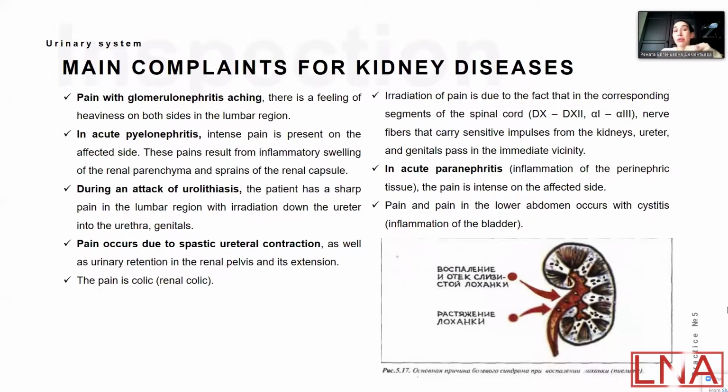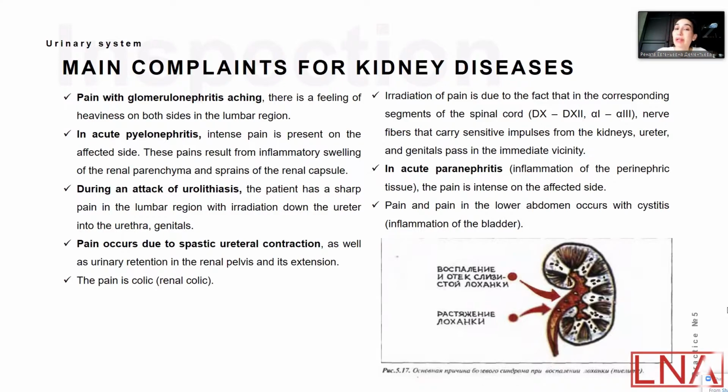So the pain is localized in the lumbar region on both sides, or depending on the side of inflammation, can radiate along the direction of the ureter and into the pelvis, and can also have a spastic character. Irradiation of pain is due to the fact that the corresponding segments of the spinal cord and nerve fibers that carry sensory impulses from the kidney, ureter and genital area are in the immediate vicinity.